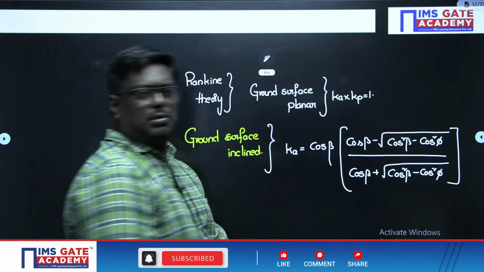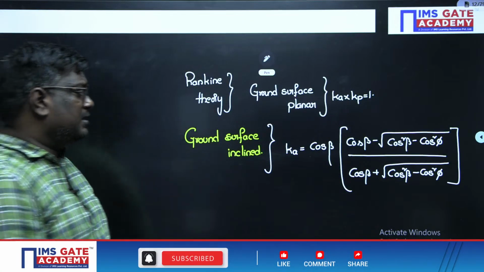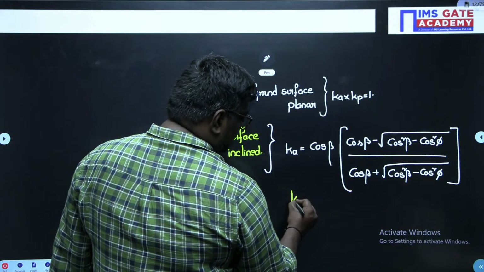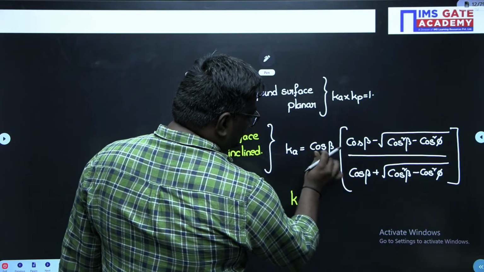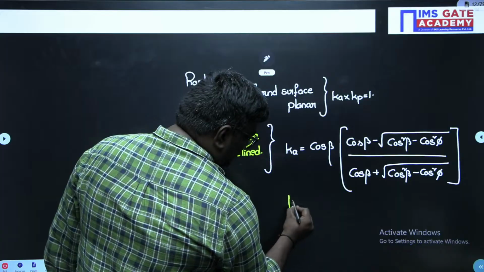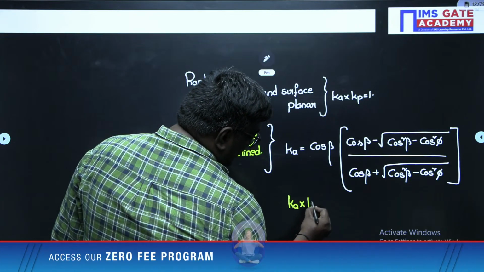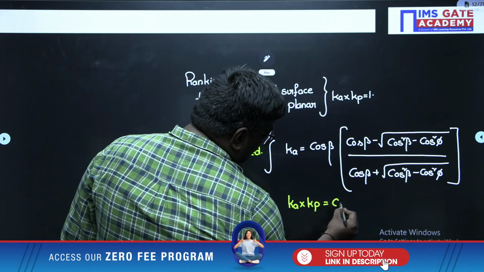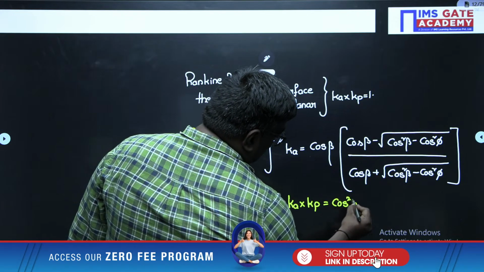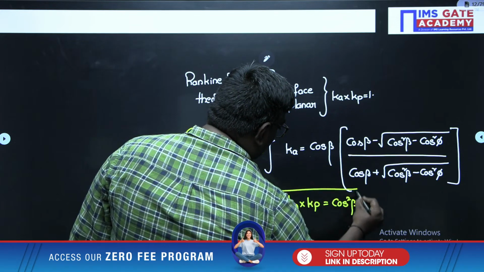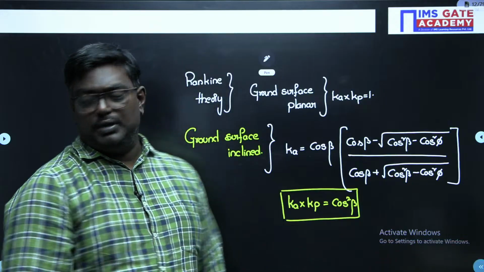Here this is the formula. Remember, my dear students, if it is passive earth pressure, it will be this same thing with a plus sign. In this case, Ka into Kp will be equal to cos square beta when the ground surface is inclined. So please write down this, students.